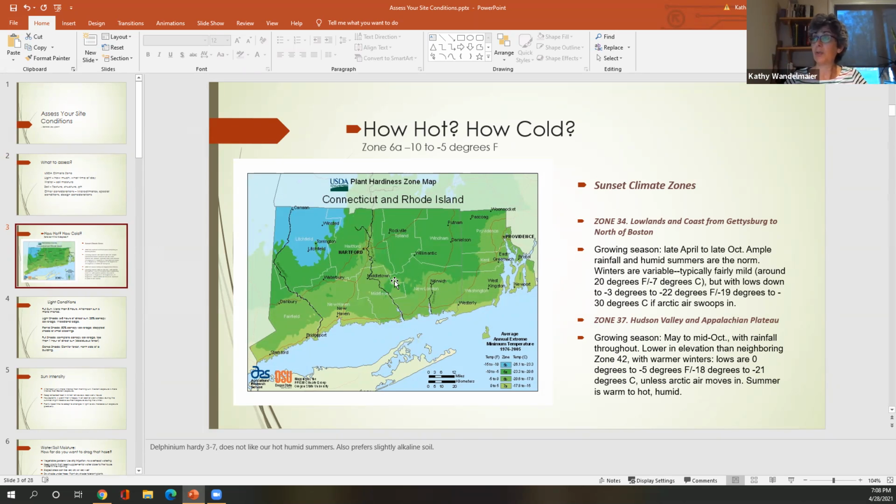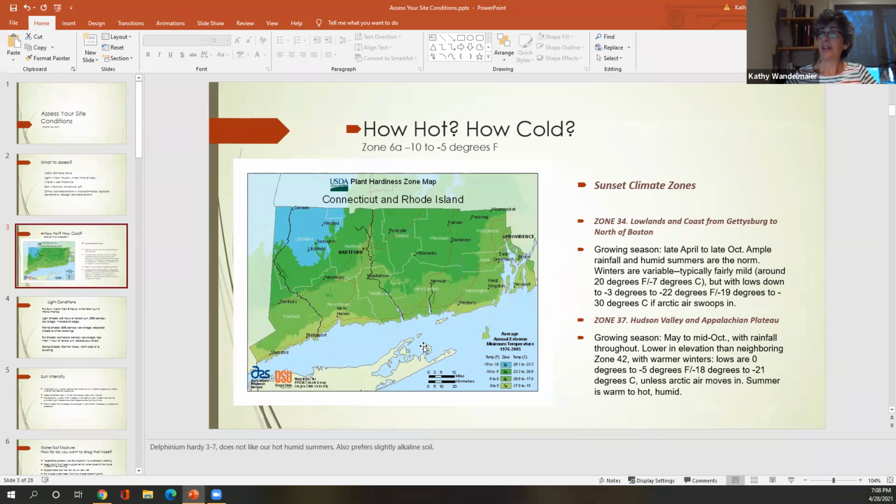And the 2 different shades of green are 6A and 6B. We are in 6A. We're kind of right on the border of 6A and 6B. As soon as you start getting north into New Milford and into the upper elevations there, you're getting into 6B, which is the colder part. So I consider that we're in 6A.